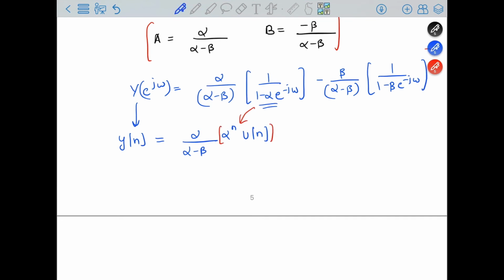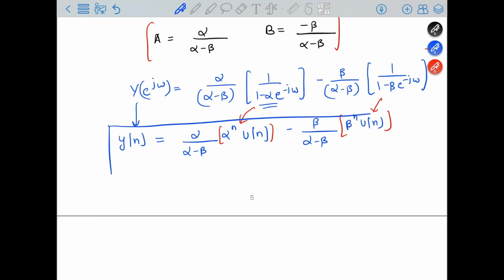Similarly, we can write the second term as minus β over α minus β, and the inverse Fourier transform of this term is β^n u[n]. So this is the final form of the expression of y[n].